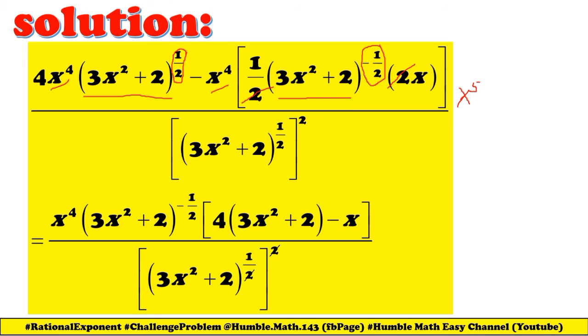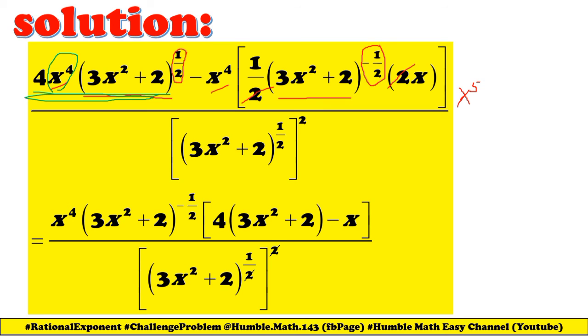So we have now what is remaining in the first term. Since the x raised to 4 was removed as a first factor, what is left here is 4.